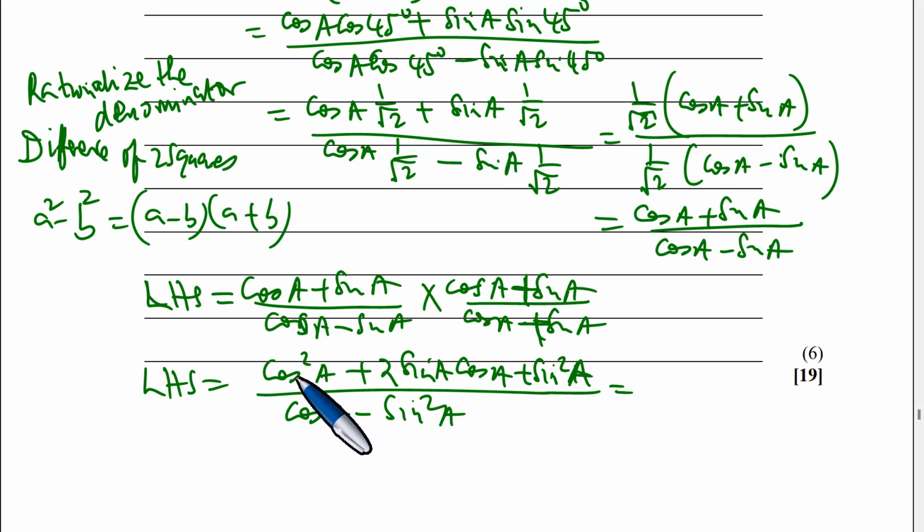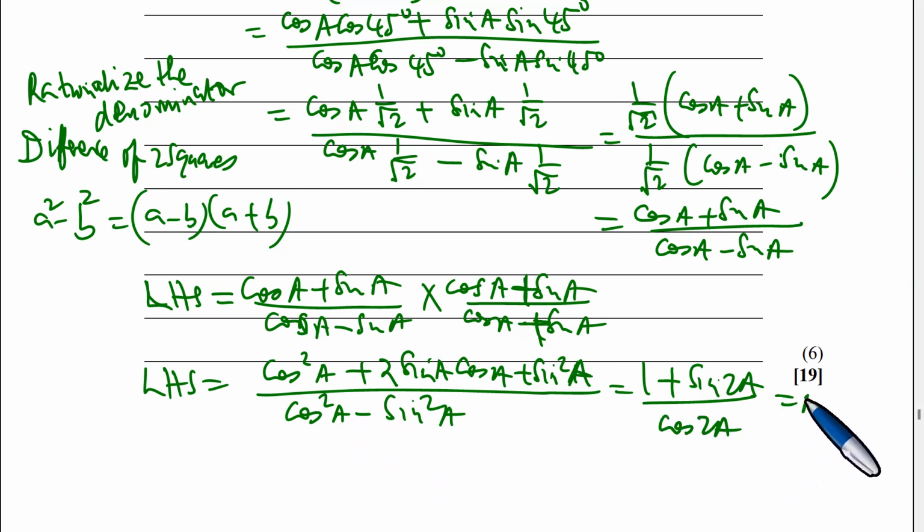So in the end, we have cosine squared plus sine squared, which is 1, plus 2 sine a cosine a, which is the sine of 2a, divided by cosine squared a minus sine squared a, which is the same as cosine 2a, and this is actually the right-hand side of the expression.